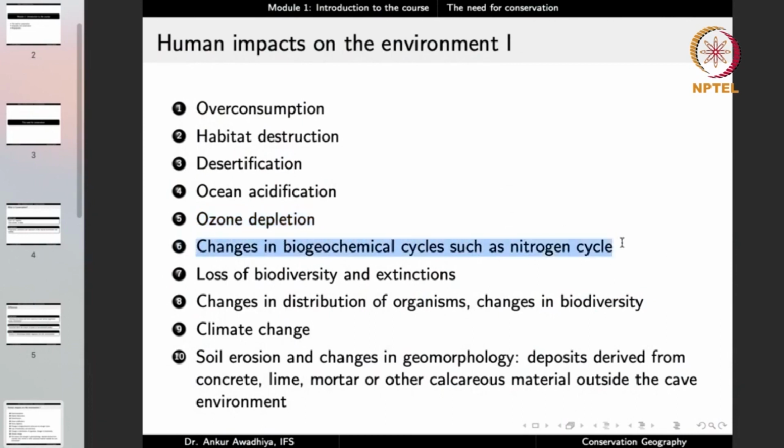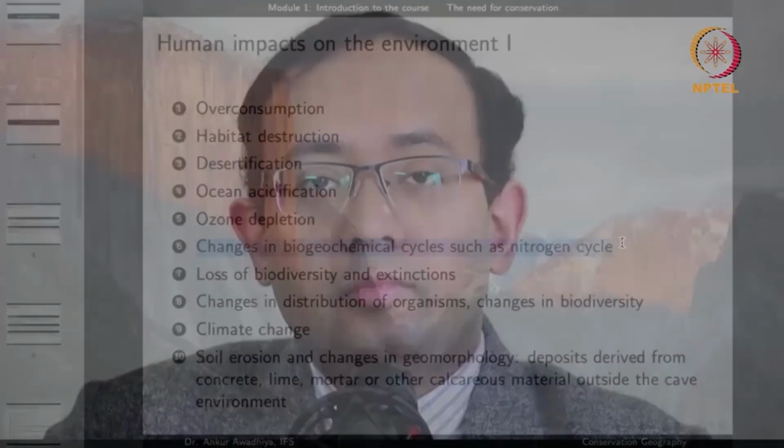We are making large scale changes in biogeochemical cycles or nutrient cycles, such as the nitrogen cycle. Now, the biogeochemical cycles are cycles through which nutrients move through the lithosphere, hydrosphere, atmosphere and biosphere. So they ensure that at all points of time organisms have access to different nutrients.